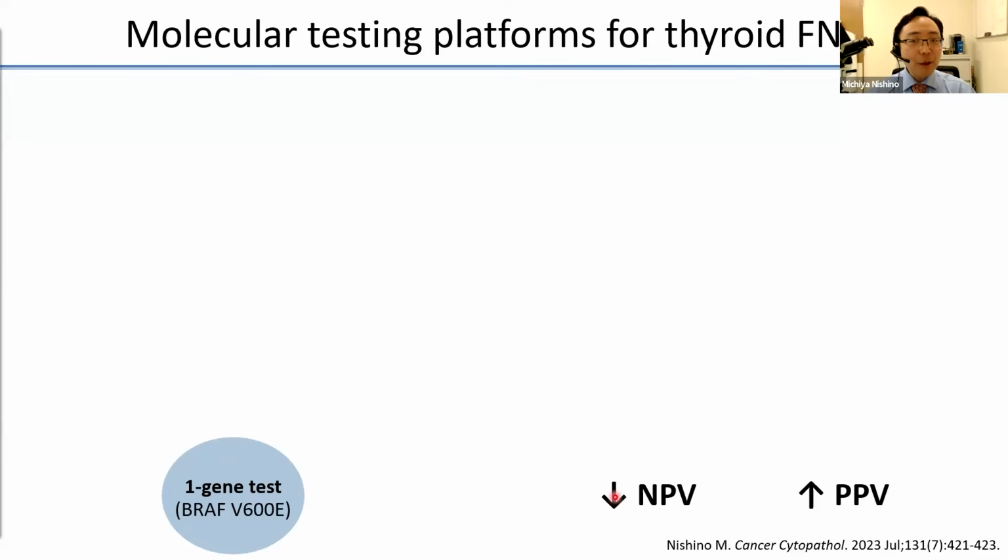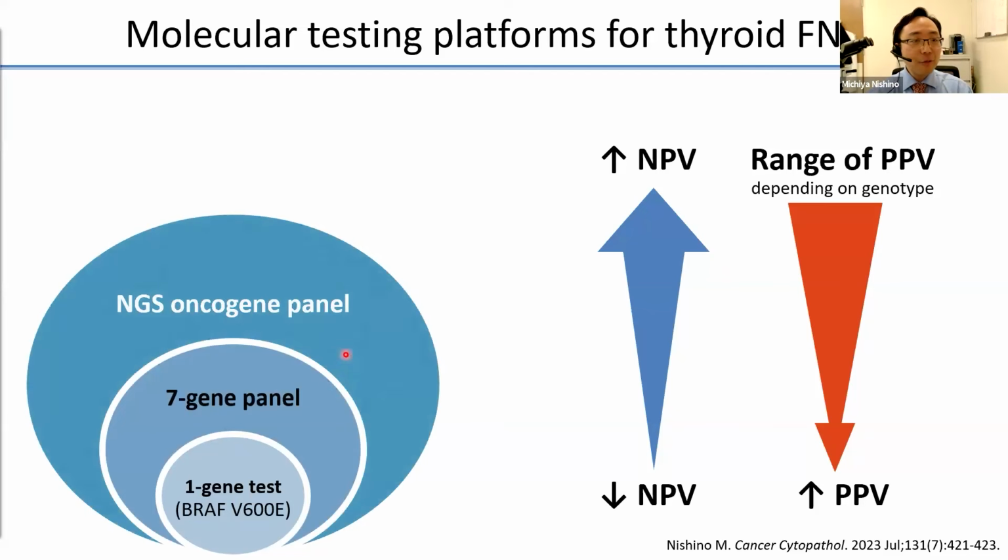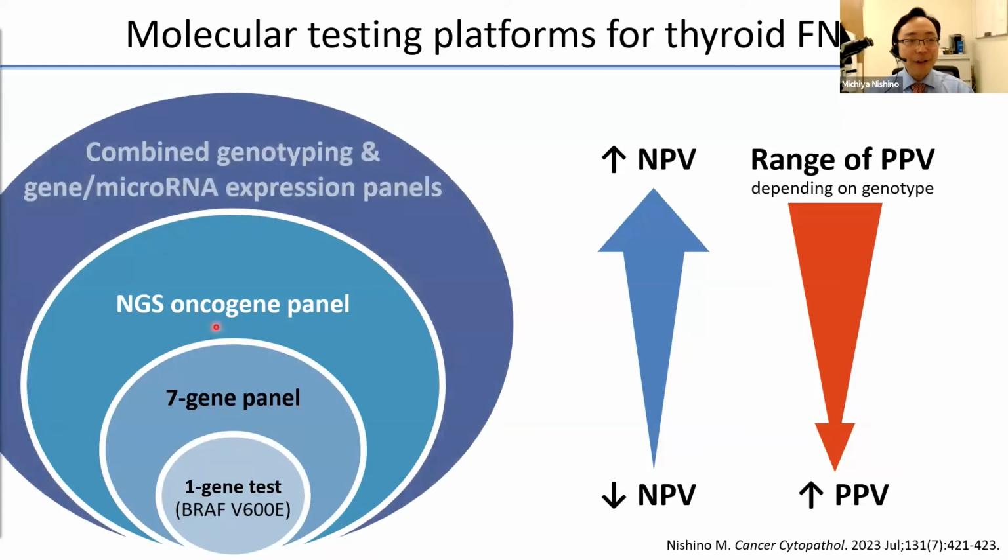Now, over the years, the breadth of molecular testing panels has increased from a 7-gene panel that covers the most commonly mutated and fused genes in thyroid cancer to an even broader next-generation sequencing-based oncogene panels, and finally to more complex combined genotyping and gene or microRNA expression profiling panels that are offered mainly by commercial reference laboratories here in the United States.